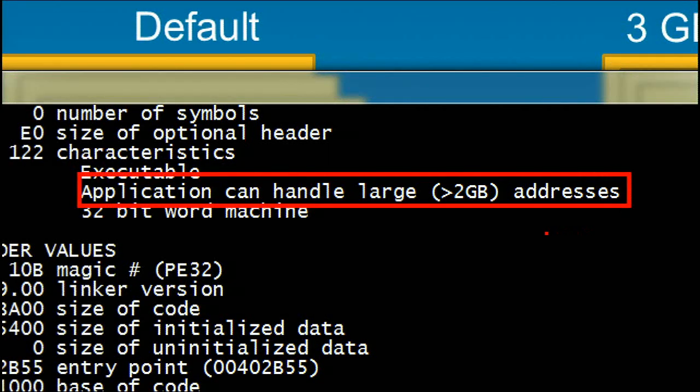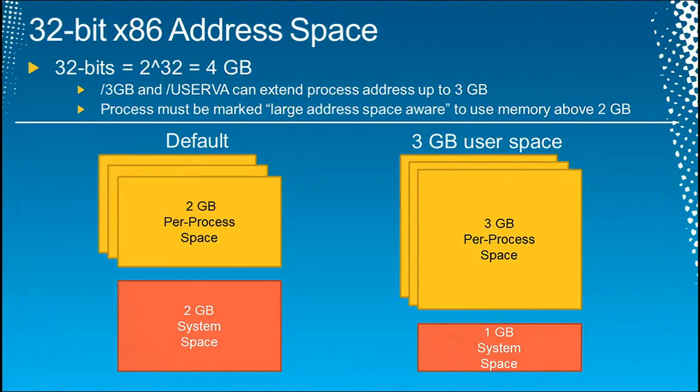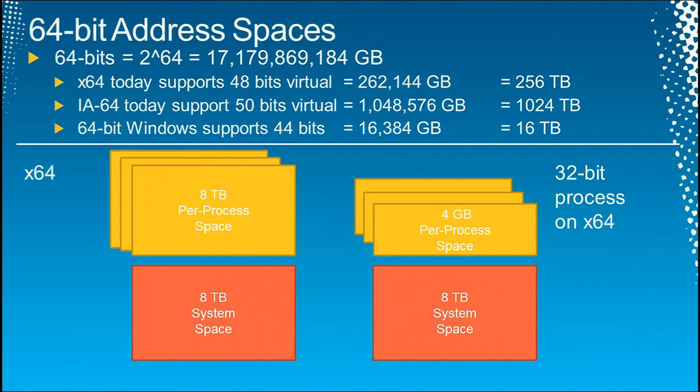So on 32-bit Windows, if you booted /3GB, Testlimit would actually be able to use it. And on 64-bit Windows, as you will see, Testlimit gets a full 4 gigabytes. So any large address space aware app on 64-bit Windows can get just a solid 4 gigabytes. It doesn't need to split that with the system because the system's got its own 8 terabytes down there.